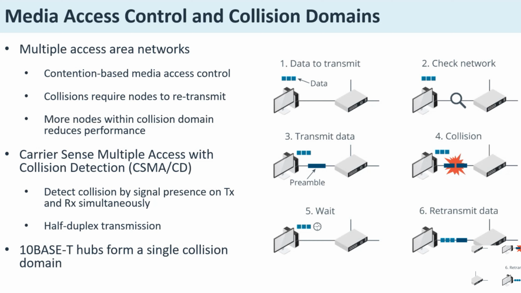Ethernet uses a contention-based MAC system. Each network node connected to the same media is in the same collision domain. When 2 nodes transmit at the same time, the signals are said to collide and neither signal can reach its destination. This means that they must be resent, reducing available bandwidth. The collisions become more frequent as nodes are added, and consequently, the effective data rate is reduced.